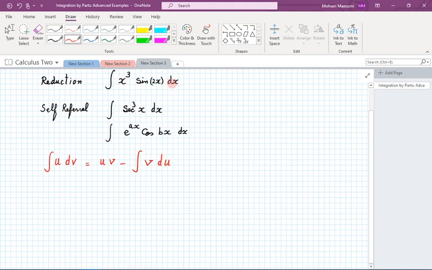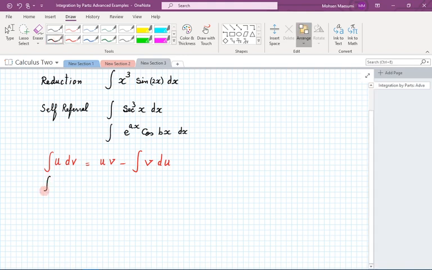In this problem we are going to take u to be x cubed because its derivative is going to be smaller power, and then by that reduction of the power we hope that we achieve a sequence of integrals which are going to be easy to handle at the end. So let's go ahead and see how we are going to handle this.